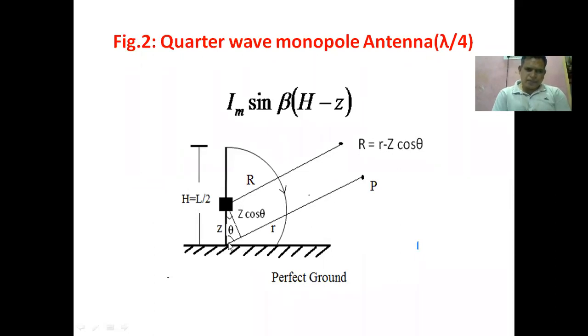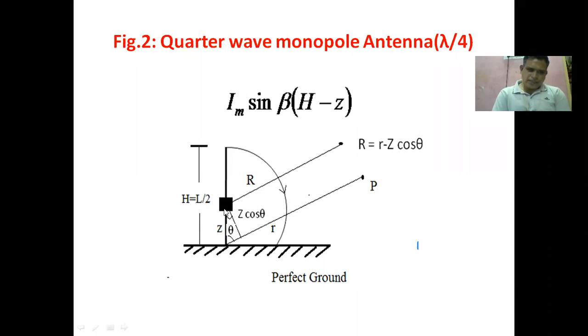But if the source is moved to here, because of this change, the waves coming from here and reaching the observation point, and the wave fields emerging from here and coming to this point, have a small path difference. Here theta is the polar angle. This is also theta, both are the same.